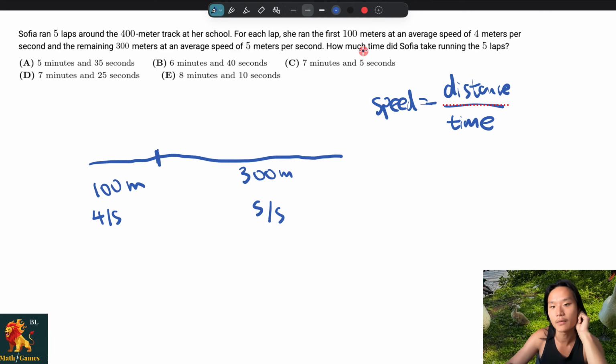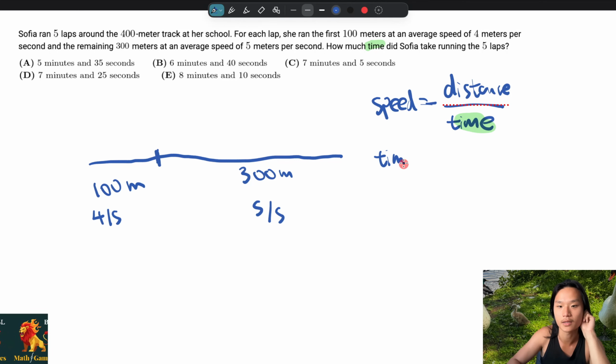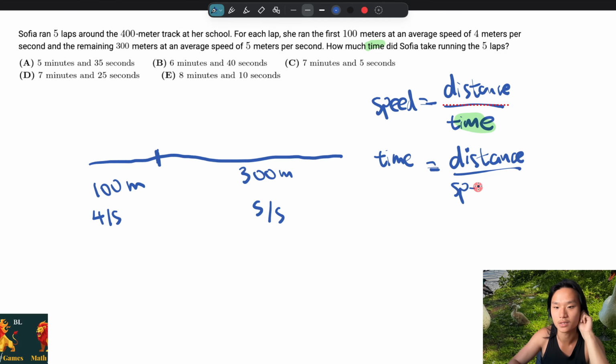Now we want to find out how much time Sophia took to run all 5 laps. So we want to make time the subject. So we can multiply both sides by time and divide both sides by the speed. So time is actually equal to distance divided by the speed, okay?